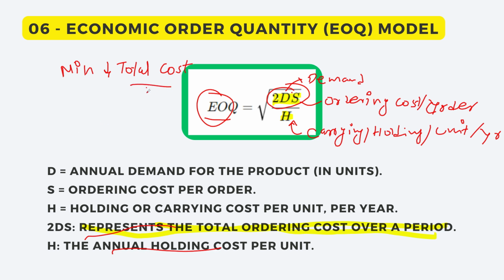This total cost includes both ordering cost and holding cost, or carrying cost. So this is why EOQ is so important.